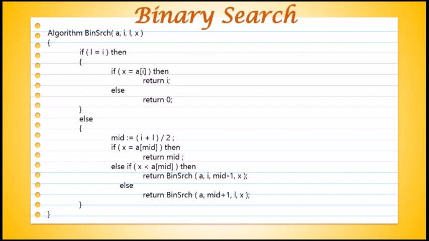If the searching element is not present in the list, then we are returning the value 0. And if the element is present in the list, then we are returning the position of that element. So now we will take values and we will see how this particular algorithm works.